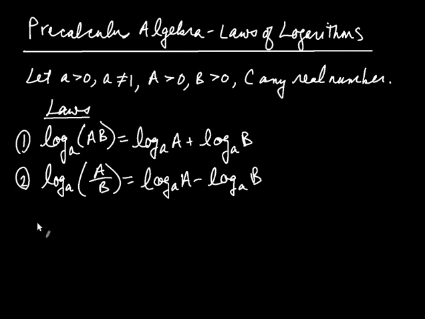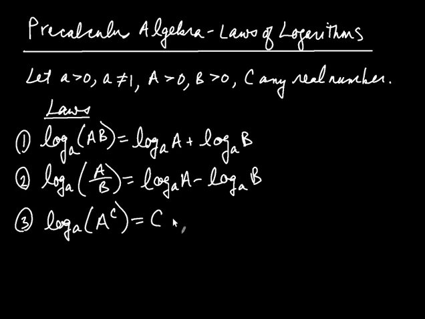And then the following third property, and this is probably the most useful property, property 3. It says that log base a of a power, so let's write that power as big A raised to the C. Now what happens to the exponent is it comes out front as a constant that we multiply the log by.